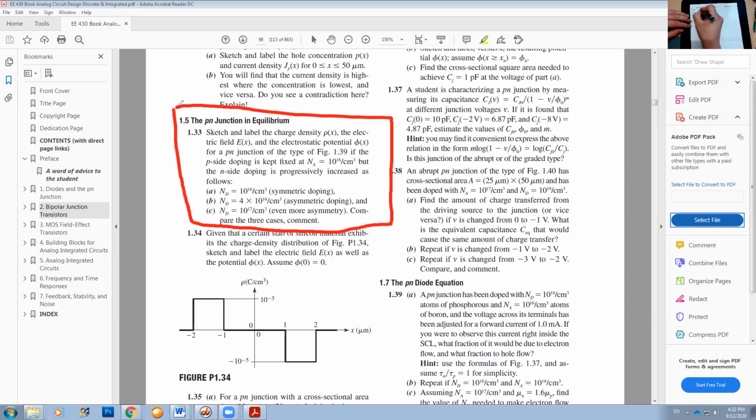So we have NA equal to 10 to the power 16 per centimeter cube, but the N side doping is progressively increased as follows. So we have ND equal to 10 to the power 16 per centimeter cube, symmetric doping. Same thing, symmetrical on the other side.